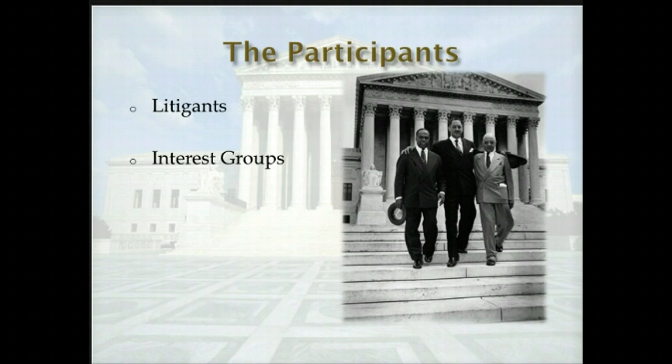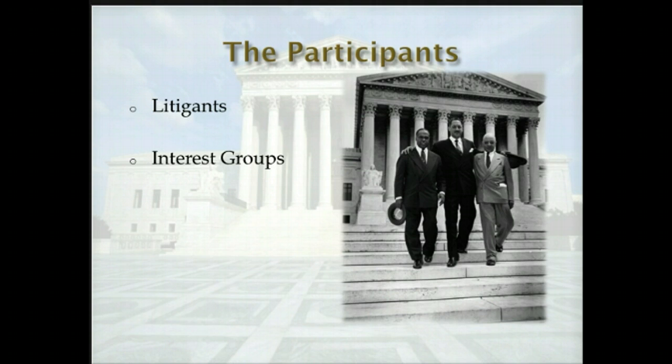Interest groups also play a role in the participation of hearing court cases. They can't directly lobby judges. They don't talk to judges, so lobbyists don't go talk to judges.